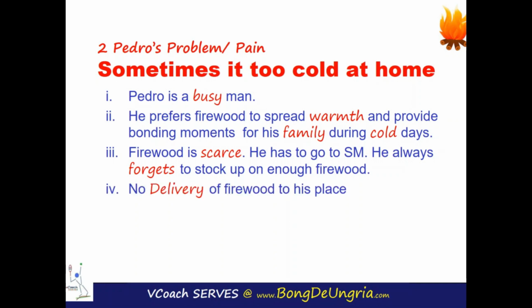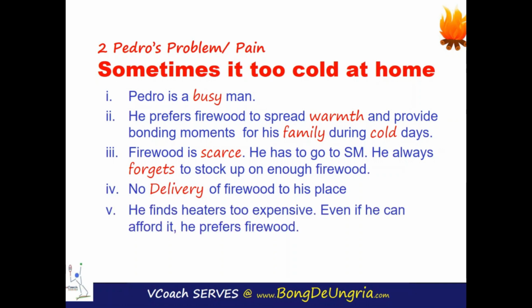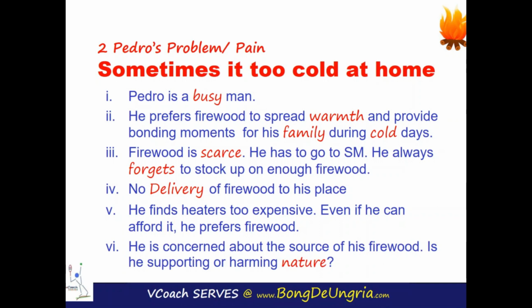What makes it a little more complicated is generally there's no delivery of firewood to his home, and he does not like heaters for the expense, and even if he can afford it, he prefers firewood over heaters. He's also concerned about the source of his firewood, and because he's environment conscious, he wants to know if he's supporting or harming nature with what products he uses.